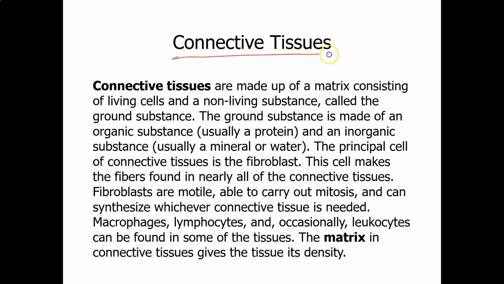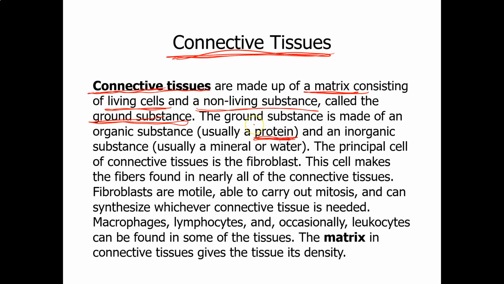Connective tissues are probably the most diverse, but instead of just being cells connected to cells, connective tissues are cells that are surrounded by a matrix. The matrix that surrounds the cells consists of a non-living substance. So the living cells in connective tissue are surrounded by a ground substance and also protein fibers.